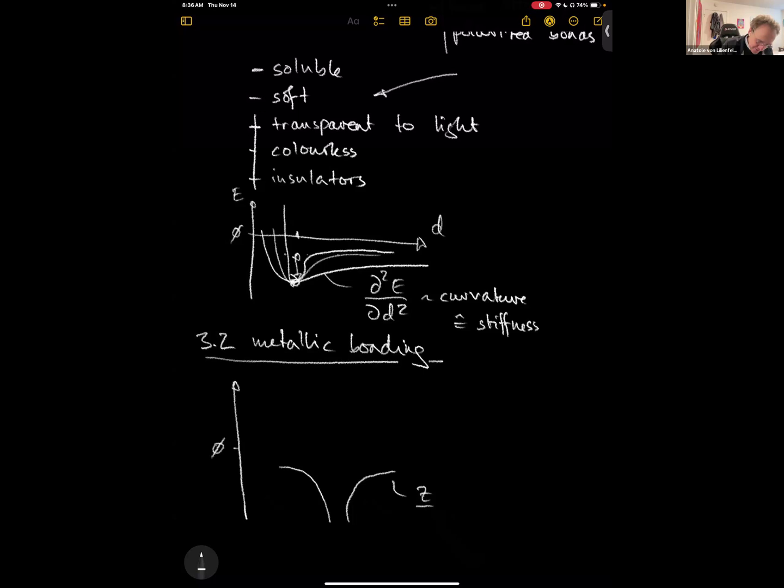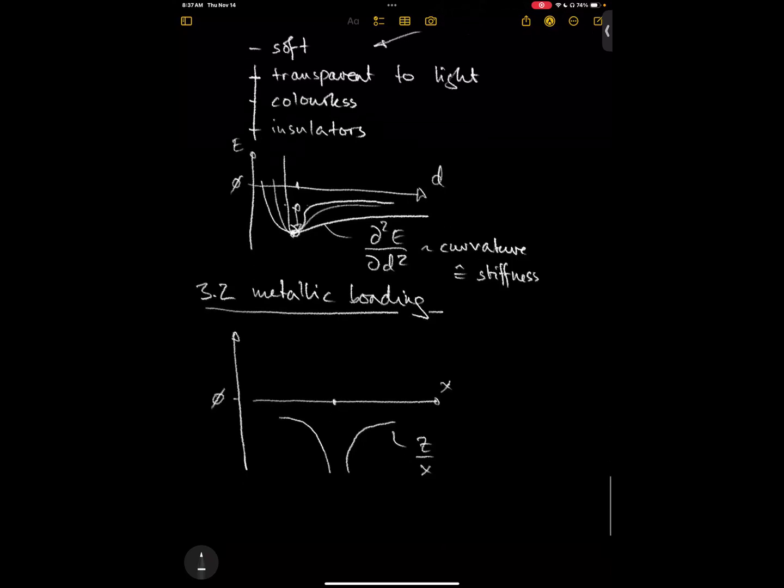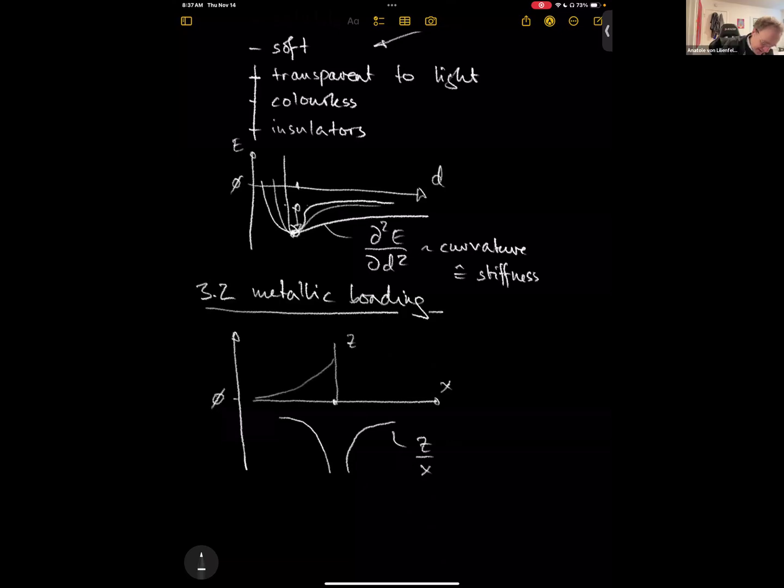So this is Z over the distance, and this could be this distance. Let's call this X. And this is the external potential of that atom. This is the position of the atom, and let's suppose this is the nuclear charge again, and these are its electrons.